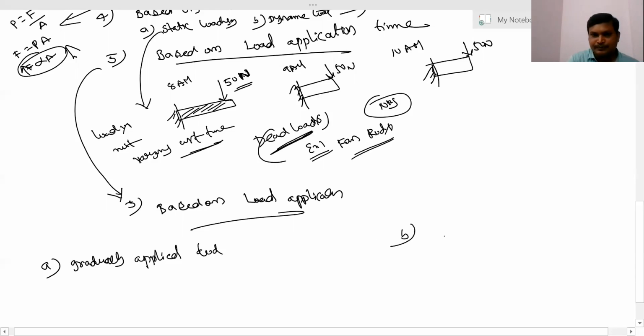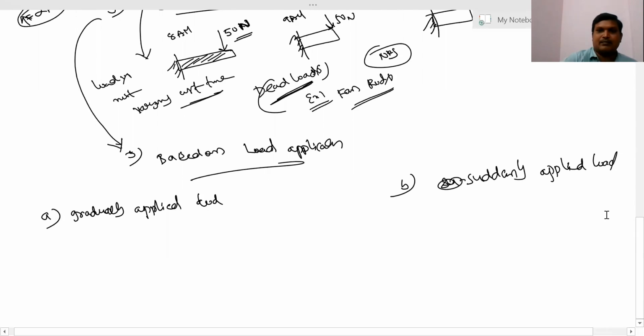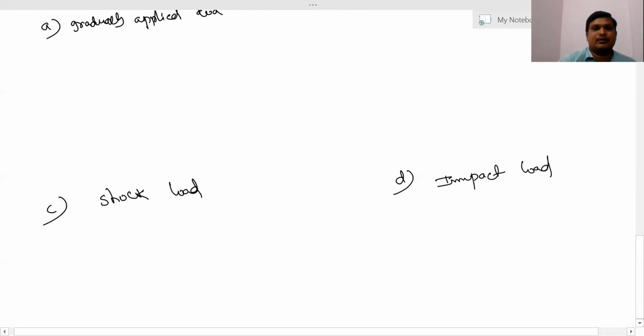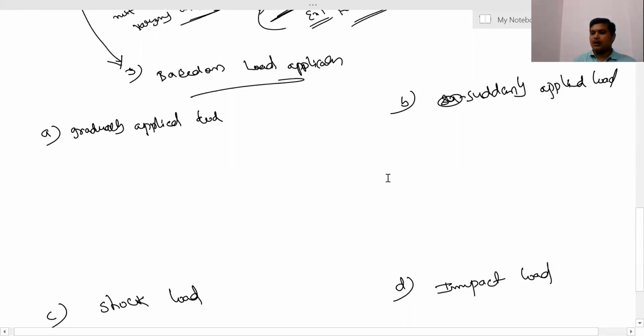B, suddenly applied load. C, shock load. And D, impact load. So what is a gradually applied load? What is a sudden load? What is a shock load? Let us see.